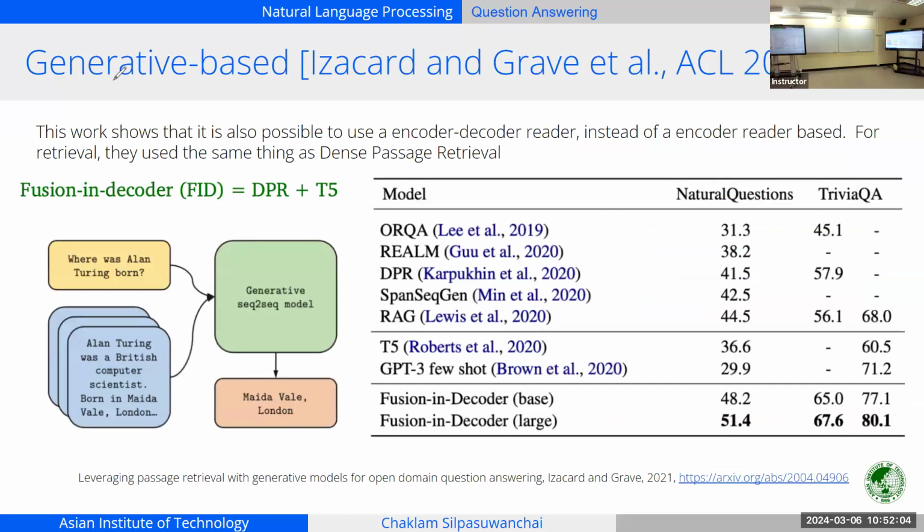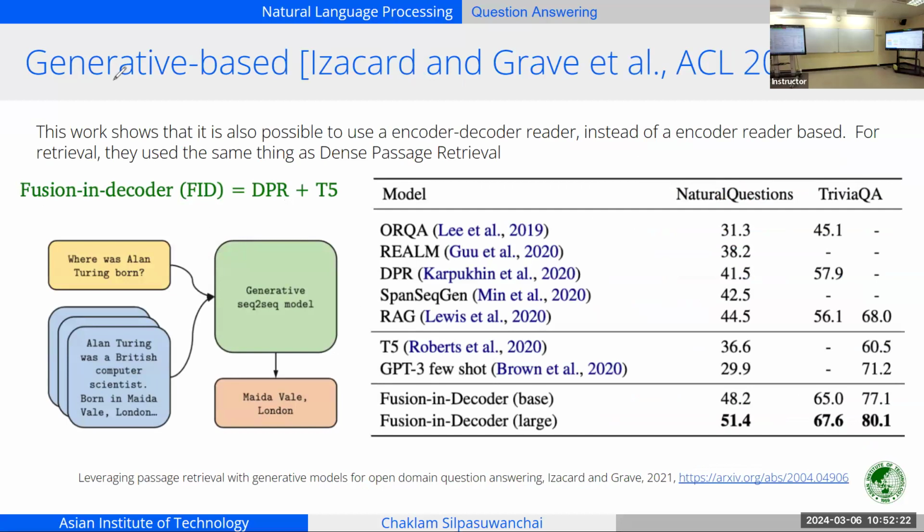This paper is not so interesting, but I mention it anyway because it's highly cited. There's not too much I want to talk about, but the main thing is the reader. You remember the reader?